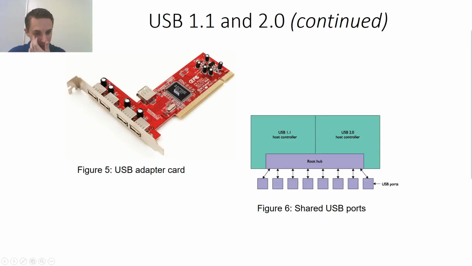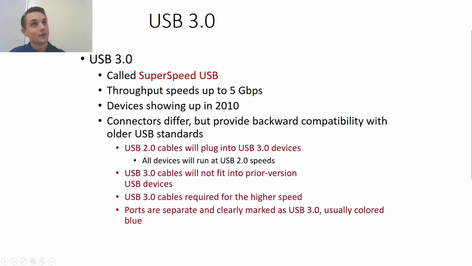Next slide is USB 3. Substantially faster. I've never heard of anyone referring to it as SuperSpeed USB, but I don't know if you'll need to know that on the exam. I guess it seems pretty self-explanatory. Theoretical 5 gigabits per second, I should say.